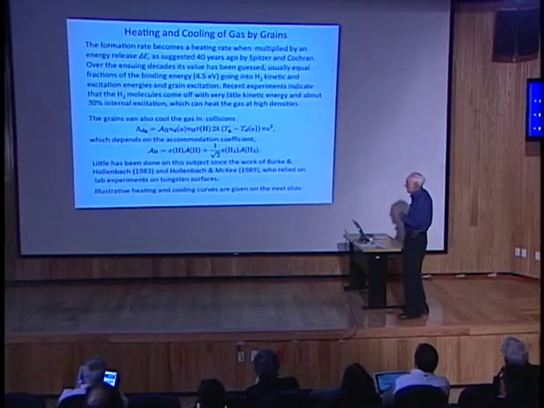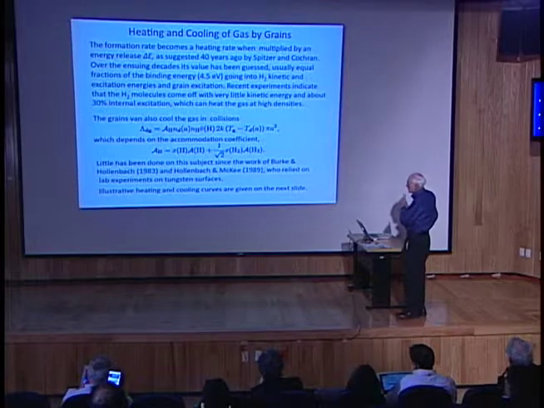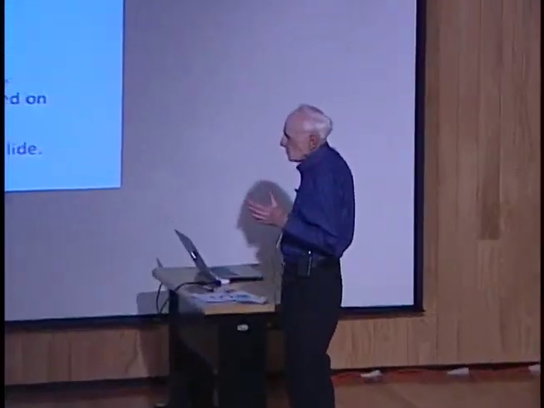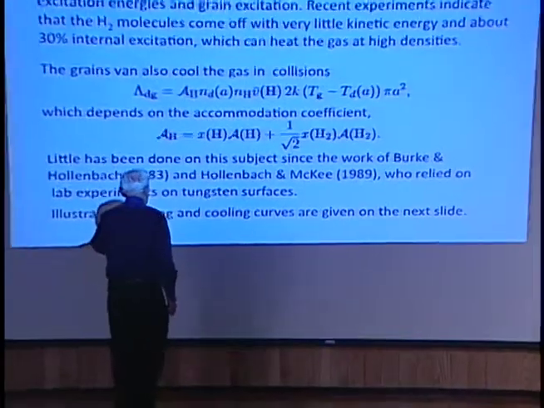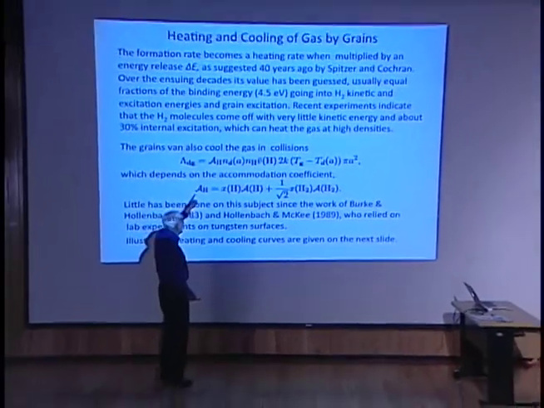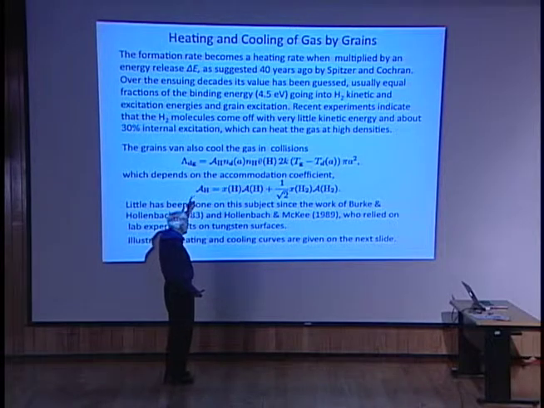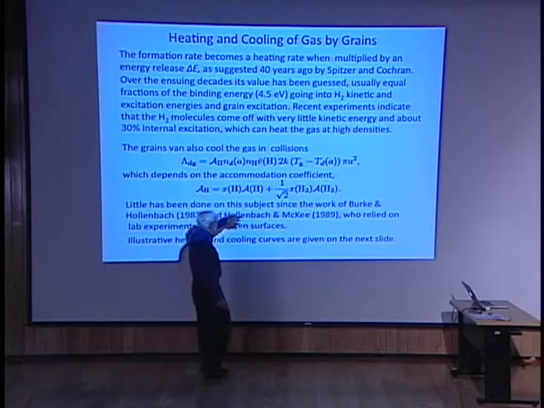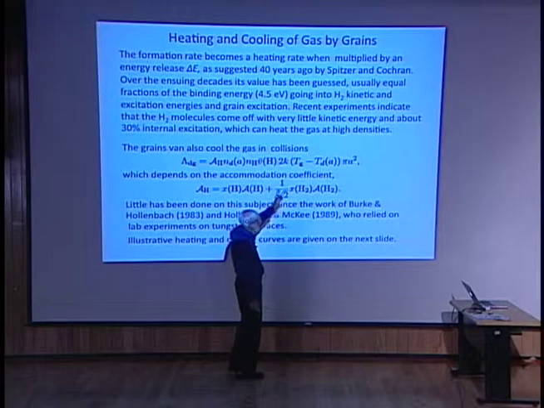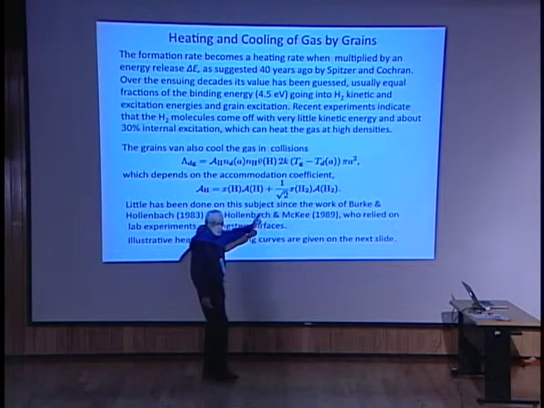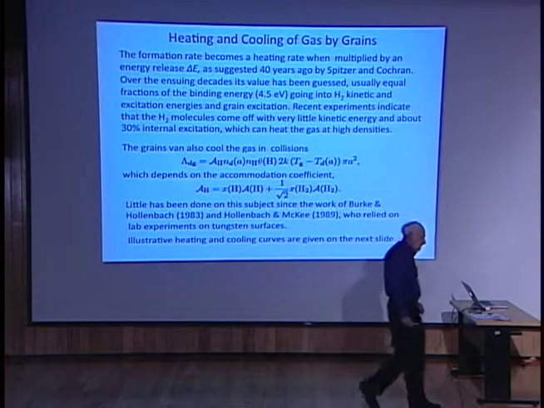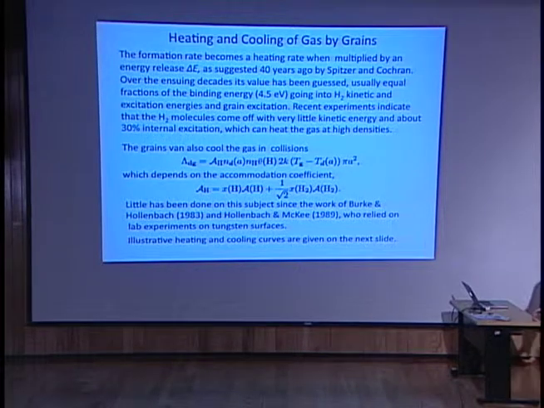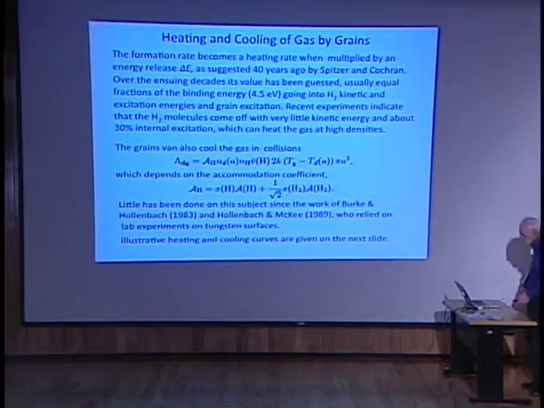And finally, another important grain process is the cooling. Here we have a formula for what's called the thermal accommodation, and it involves a coefficient in front, which is the accommodation coefficient. And then there's a mean speed and a gas-dust temperature difference. Again, the value of that accommodation coefficient is very poorly known.